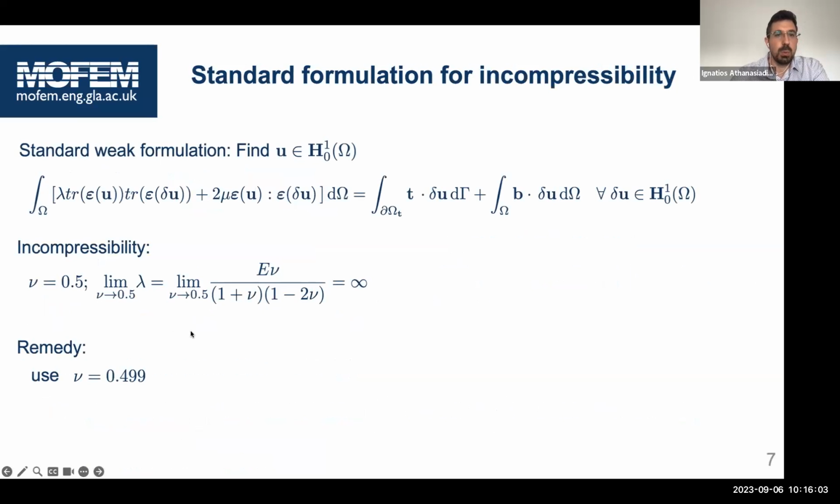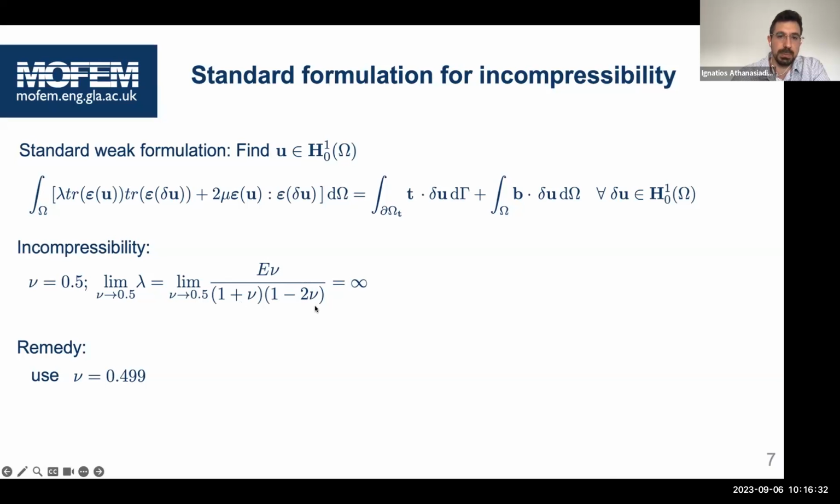But what happens when we consider incompressibility in this case? Incompressibility is when the Poisson ratio is equal to 0.5, so no volume changes can occur. And this means for the first Lamé parameter that, at the limit of the Poisson ratio going to 0.5, this term tends to 0.